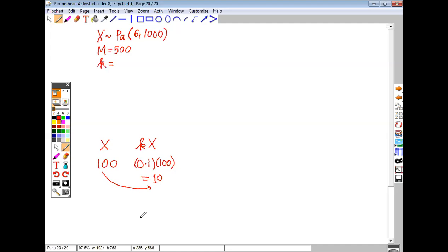If I incur a claim amount of X today, and I have an inflation factor of K, then the claim amount is KX. So let us say I have a claim amount of 100 today. If there is a 10% inflation in the economy, what will be my claim amount for the next year? This is simple math, right?